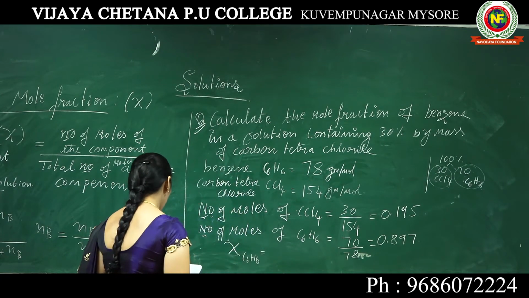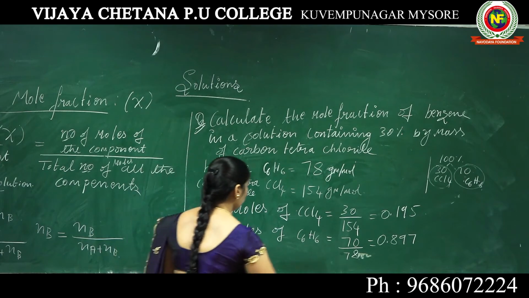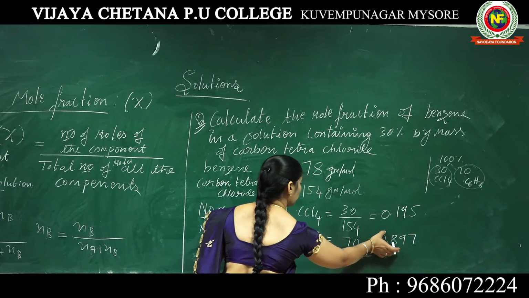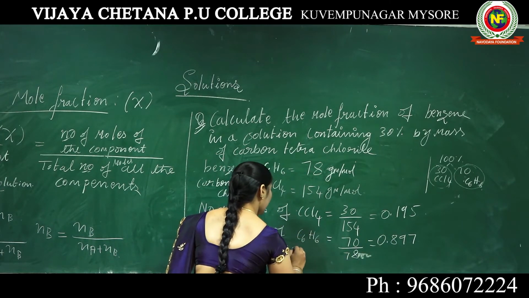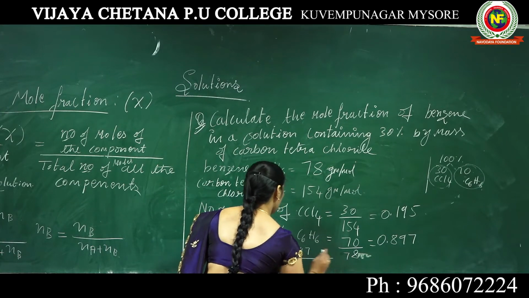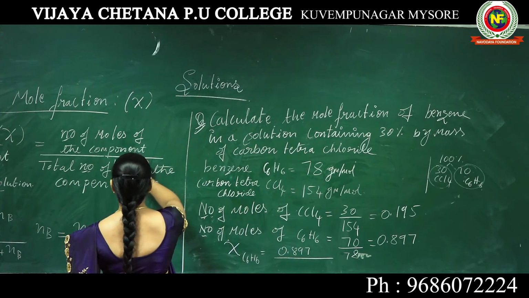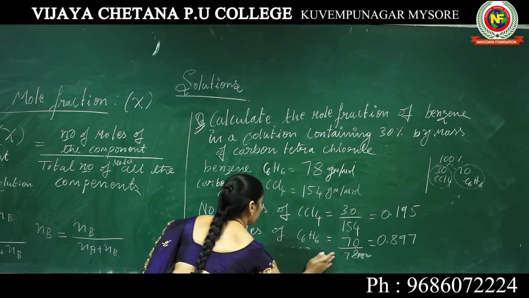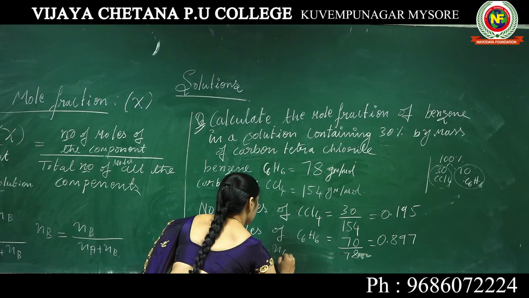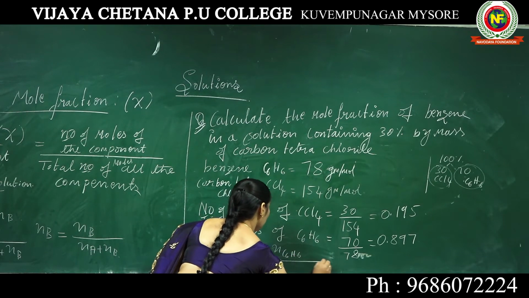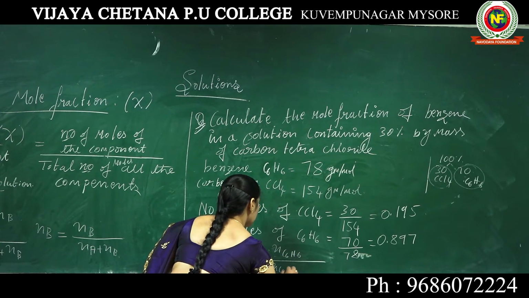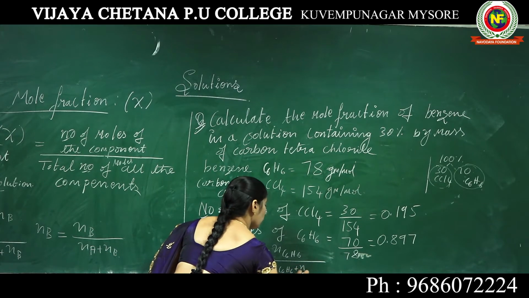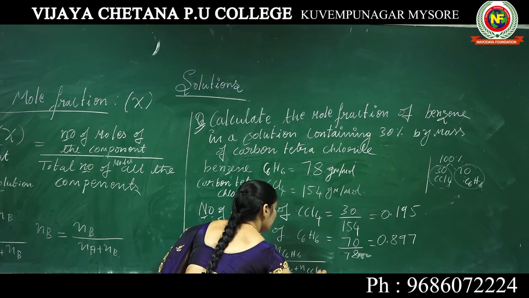The mole fraction of C6H6 equals the number of moles of the component, that is C6H6, by the number of moles of C6H6 plus the number of moles of CCl4.